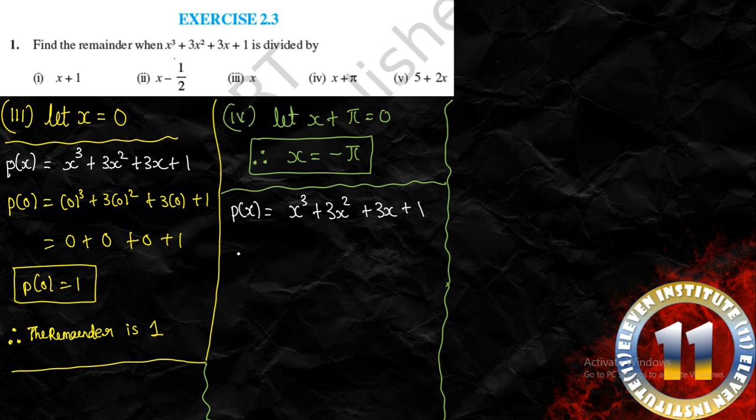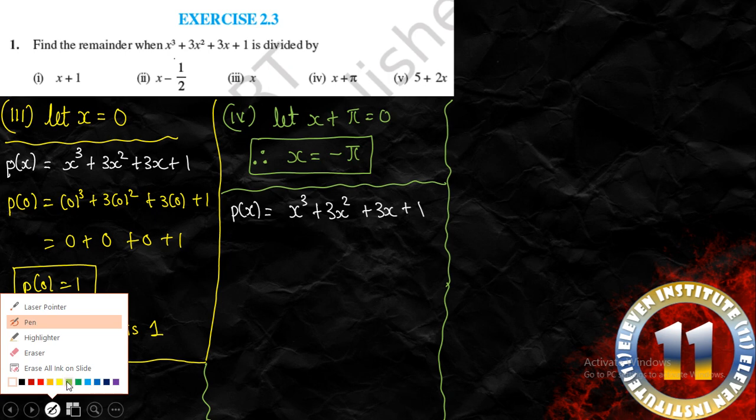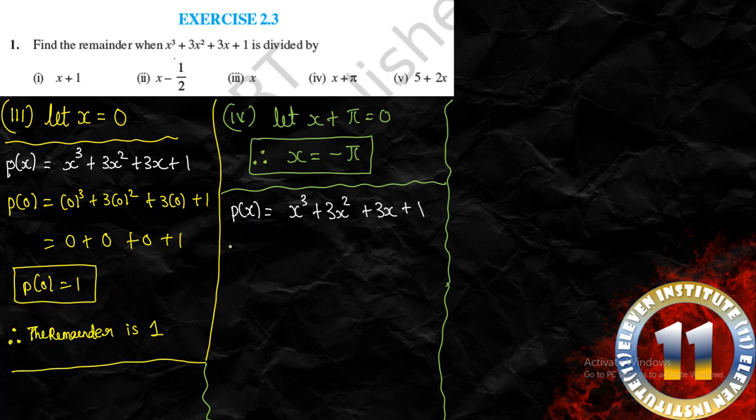Yes. Now instead of x, we will write minus 5. So this is minus 5 the whole cube plus 3 into minus 5 the whole square plus 3 into minus 5 plus 1.